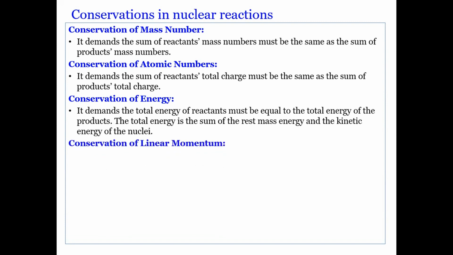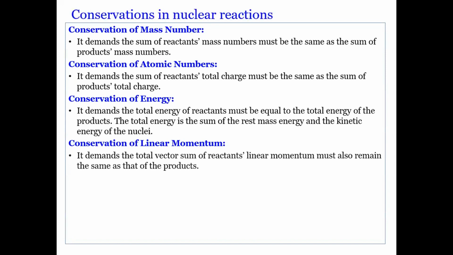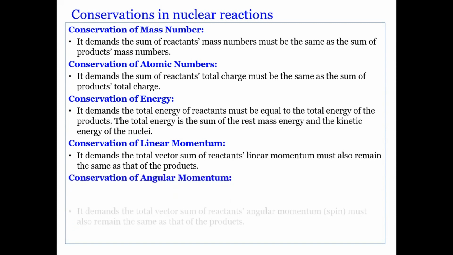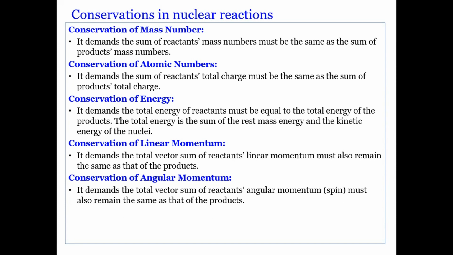The linear momentum must also remain conserved. We demand that the total vector sum of the reactants' linear momentum must be the same as that of the products. Conservation of angular momentum: the demand is that the total vector sum of the reactants' angular momentum or the spin must remain the same as that of the products.